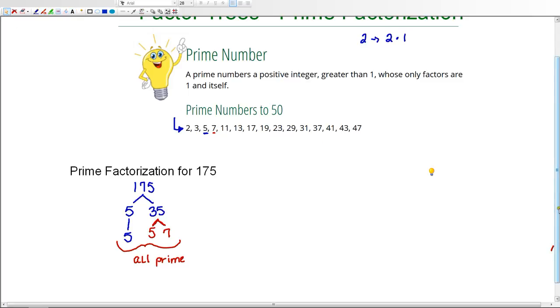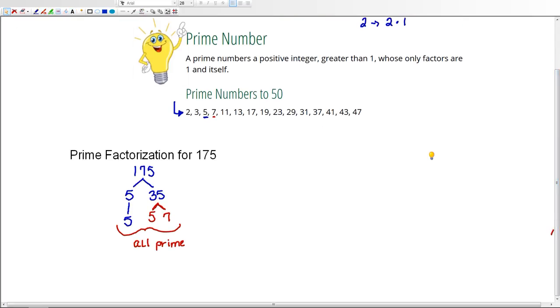The prime factorization is just simply multiplying all the prime numbers together. So I have 5 times 5 times 7. Or I could write that as 5 squared times 7, since I have 5 times 5. So this is the prime factorization for 175 using a factor tree.